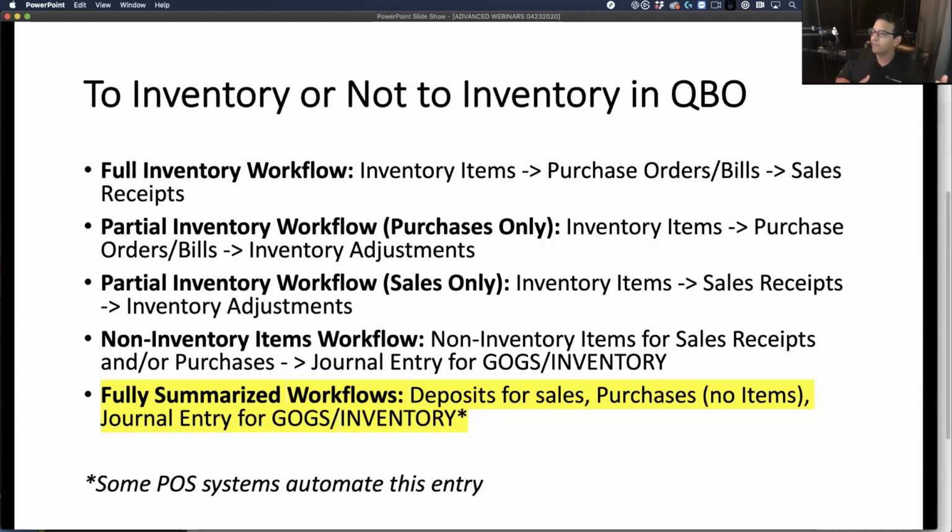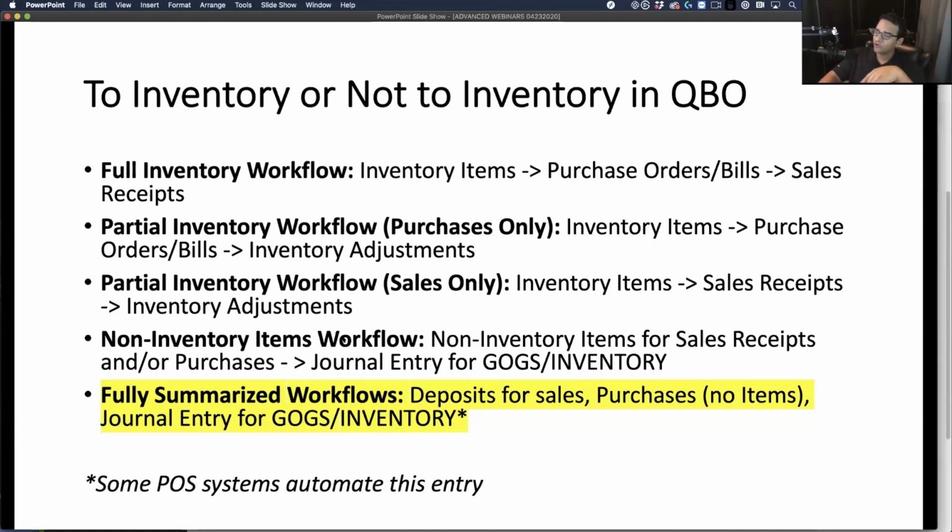They just have one big wholesale process with a little bit of customer-facing transactions. So for that, people just crank up QBO and create a sales receipt for it. So there are cases in which you will be using the inventory system in QBO and you don't need a POS system. Now let's talk about a partial inventory workflow.